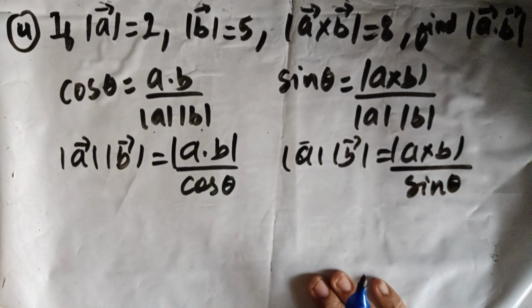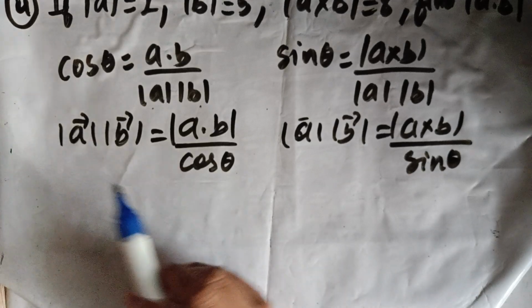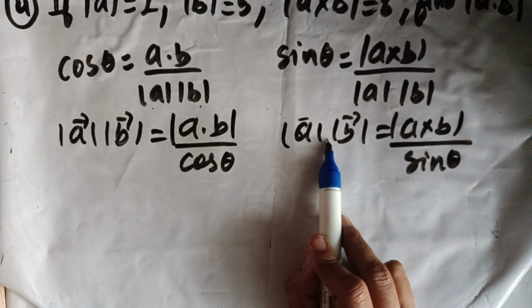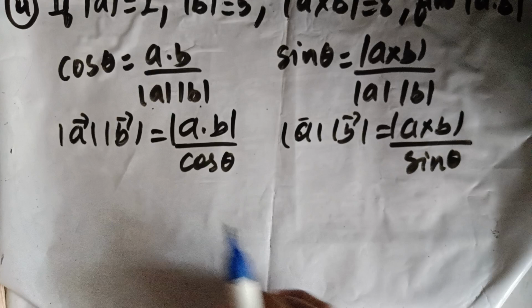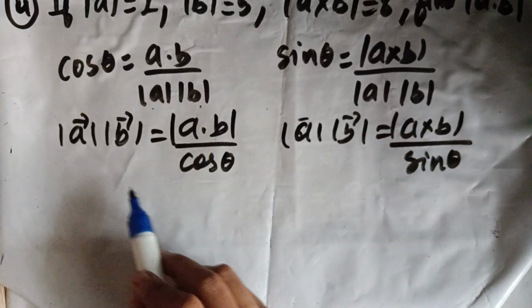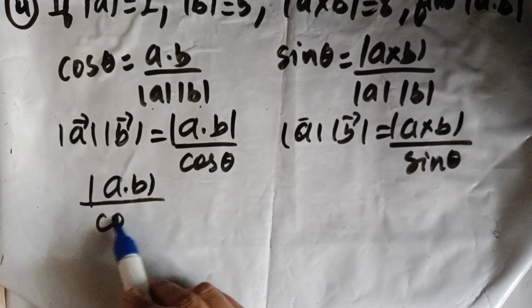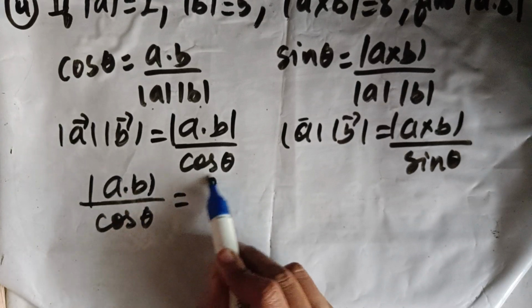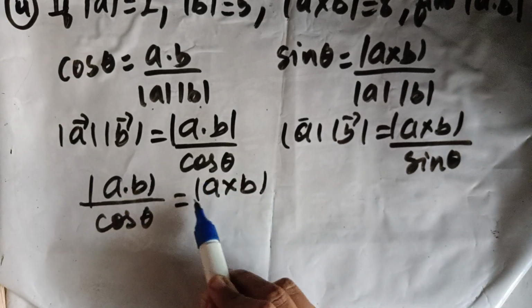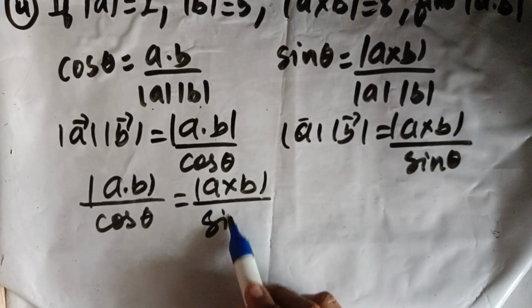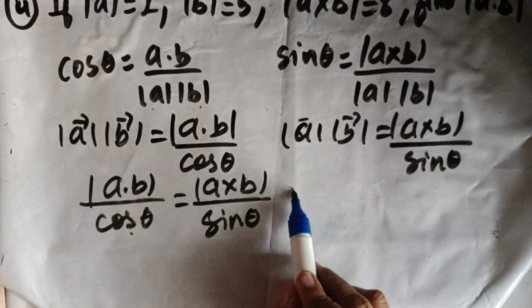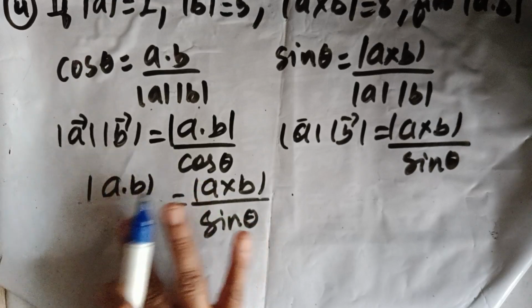Okay, so these two values are the same because the A and B vectors are the same. So we can equate these two. So mod A dot B over cos theta equals mod A cross B over sin theta. Okay, so I'll take this cos theta this side.